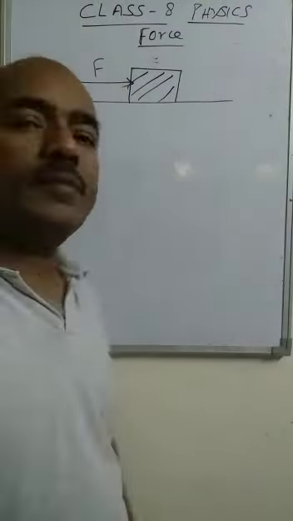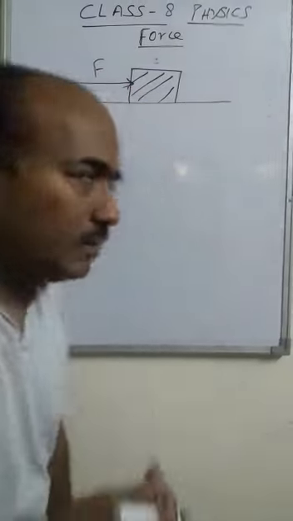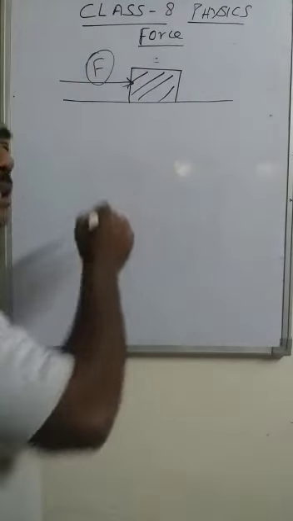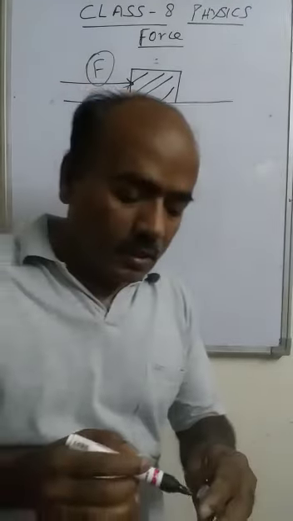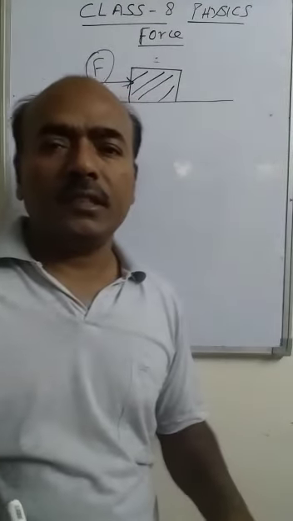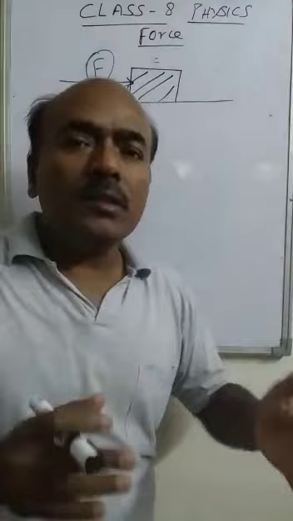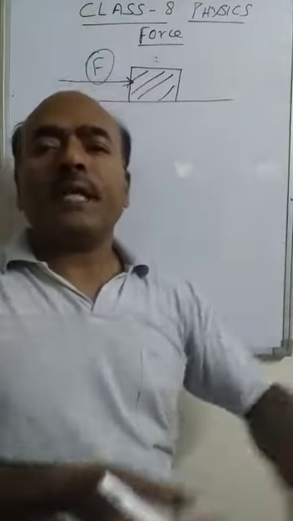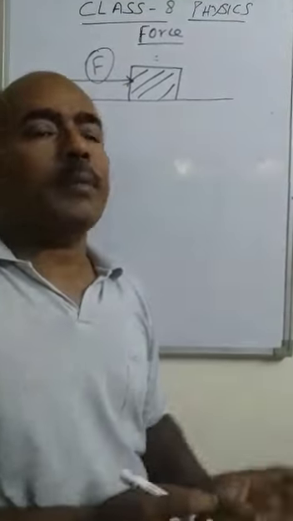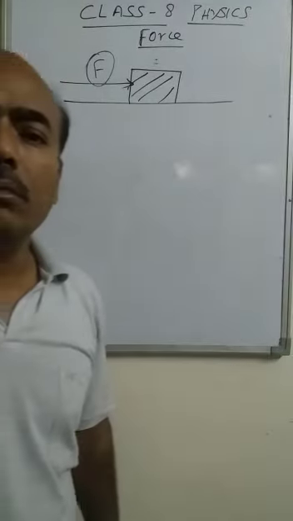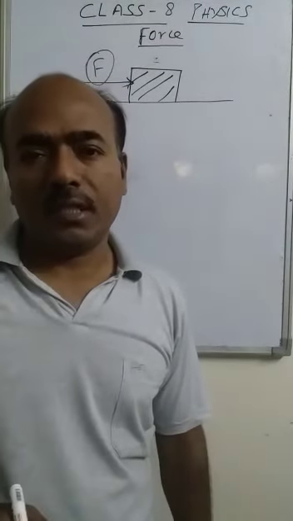Okay. So this force is applied on this object. Then we need to find the magnitude value of that force: how much force is to be applied to change the state of this object.